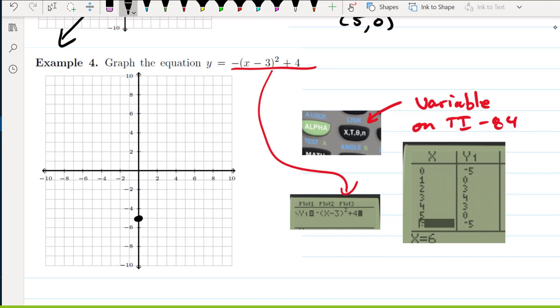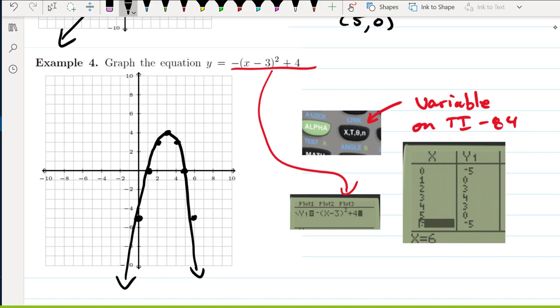And then I have 1 and 0. And then I have 2 and 3. 3 and 4, and then I go to 4 and 3, 5 and 0, and 6 and negative 5. And then I play connect the dots, and I have my graph.